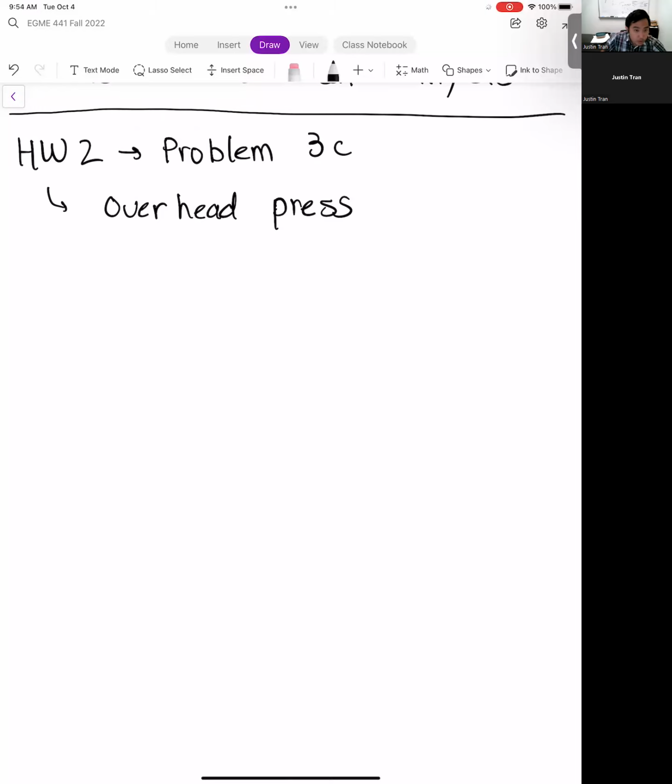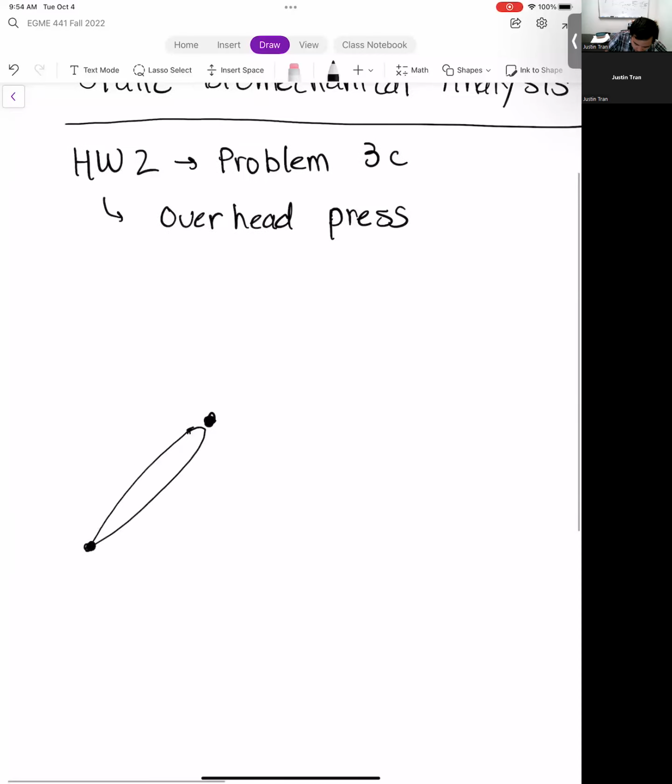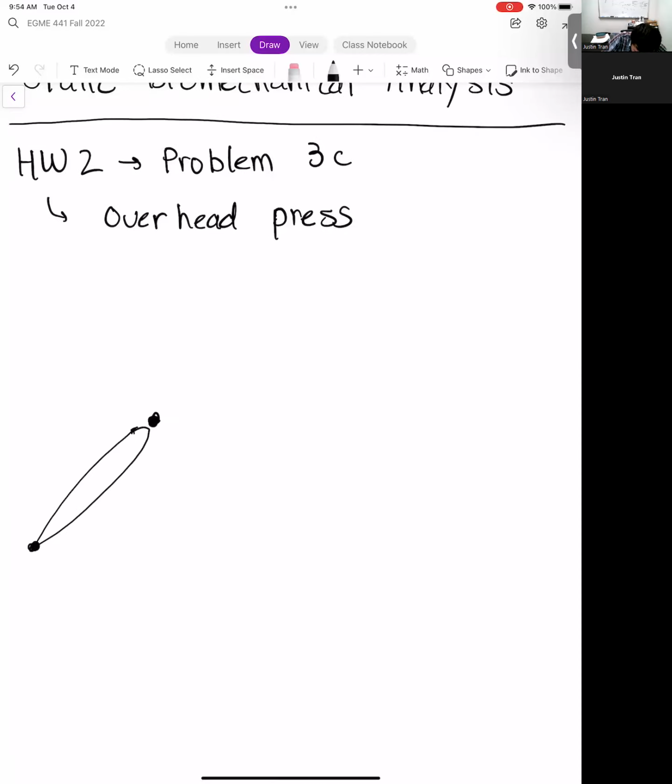This is a 2-segment type of analysis. We'll say this is the upper arm right here, and down there is the shoulder joint. Then we have another segment of the arm, the lower arm right here.